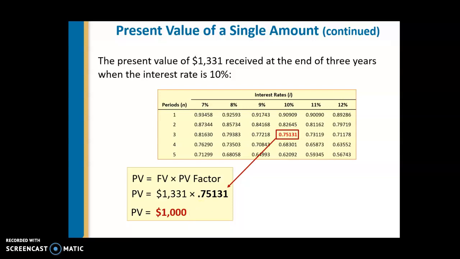This present value calculation could be used to answer the question, how much would I need to put into a savings account today when the account pays 10% interest compounded annually if I want to have a little over $1,300 at the end of 3 years?